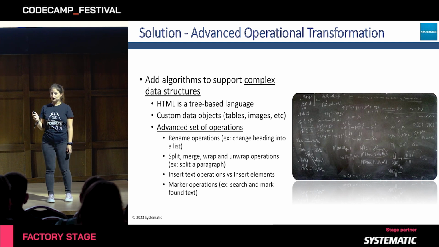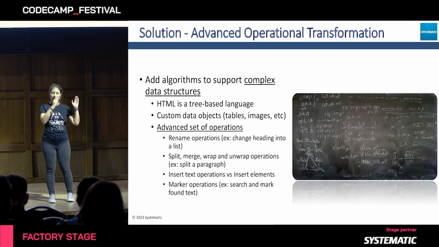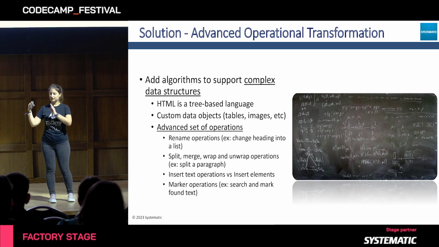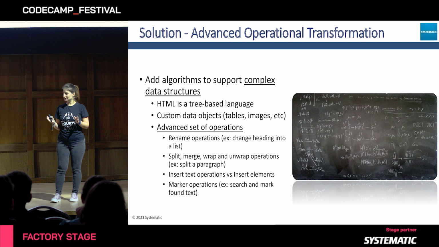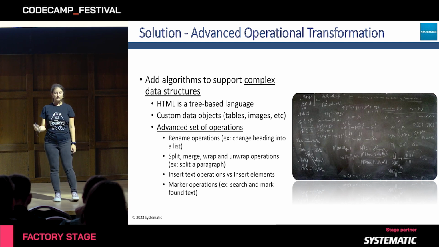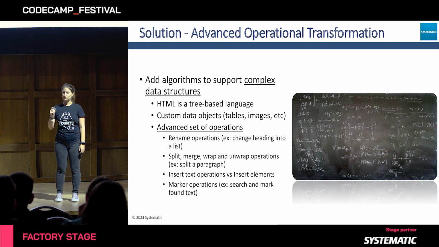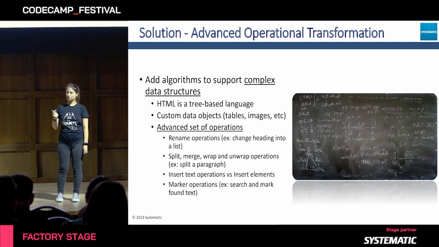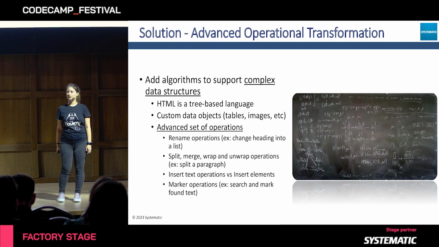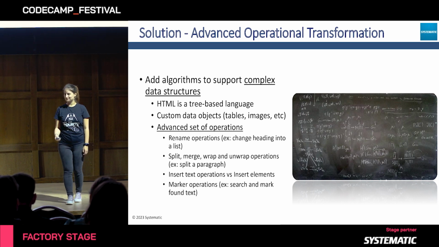We needed to support both text operations and custom objects, and we make the difference in the algorithms on that. And we also have something really interesting with search. We're actually marking, so we have marker operations. If you search for a text, that text is going to be marked across your entire document.